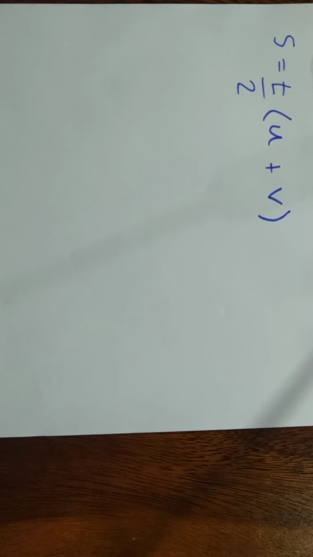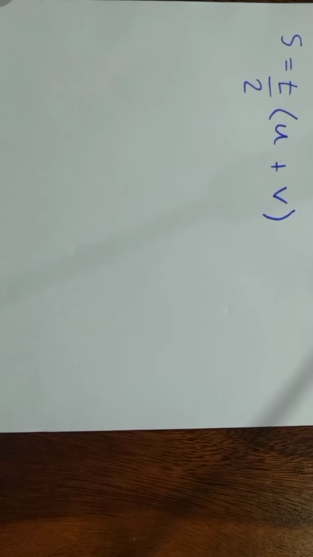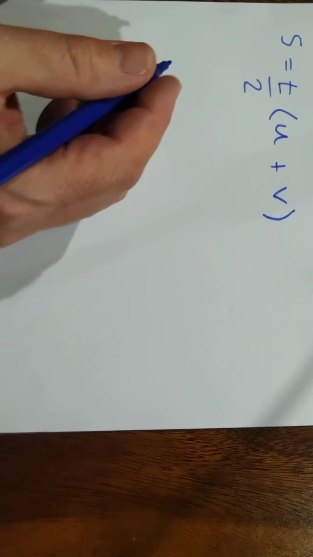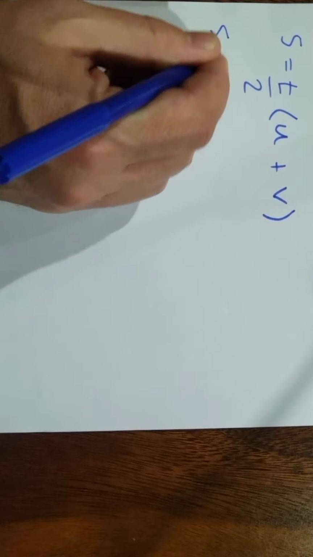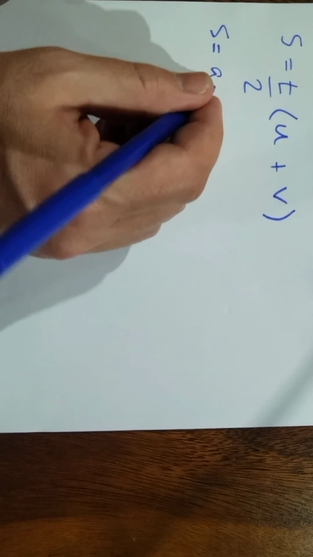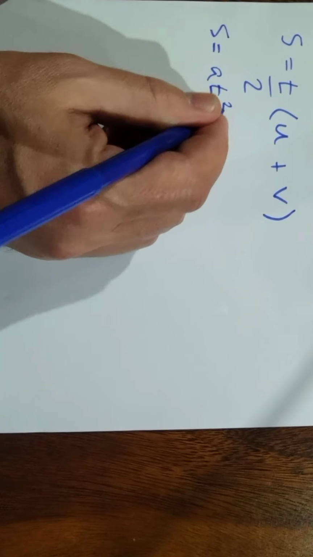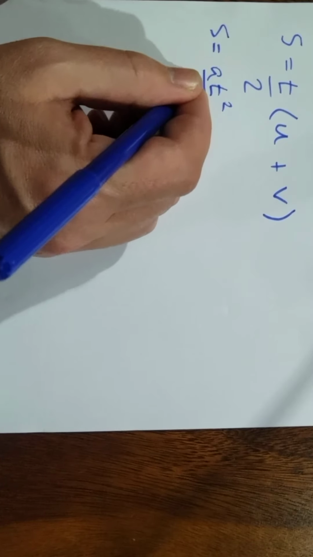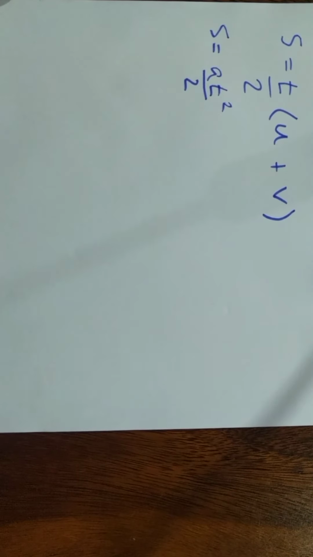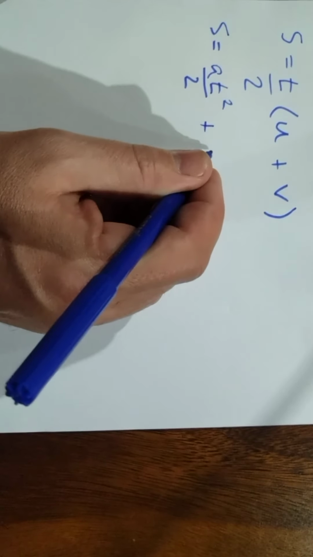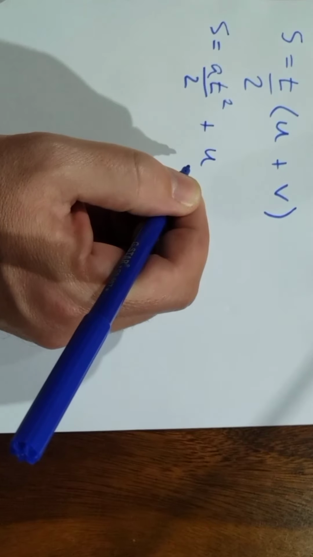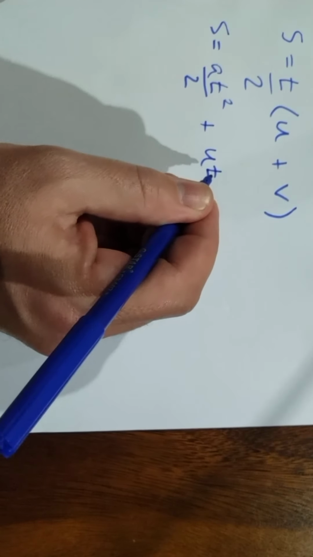The next one you should learn is that distance is equal to acceleration times time squared divided by 2, plus your initial velocity times time.